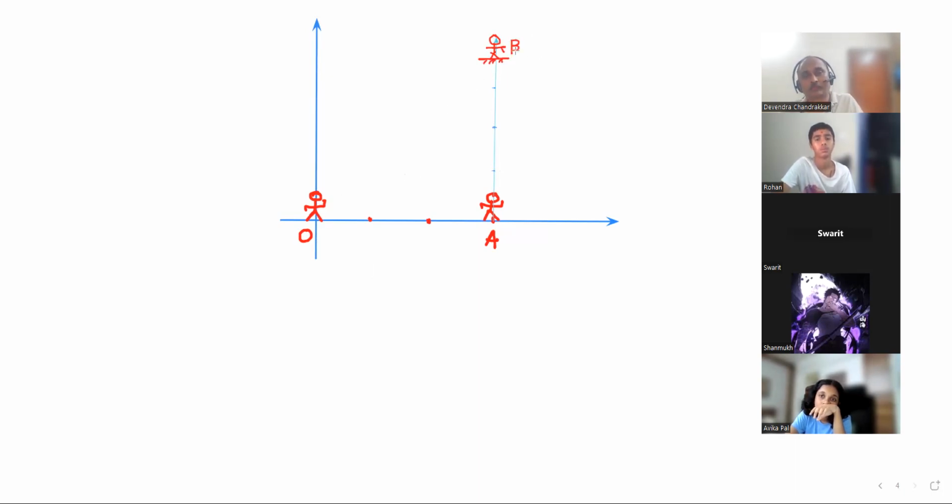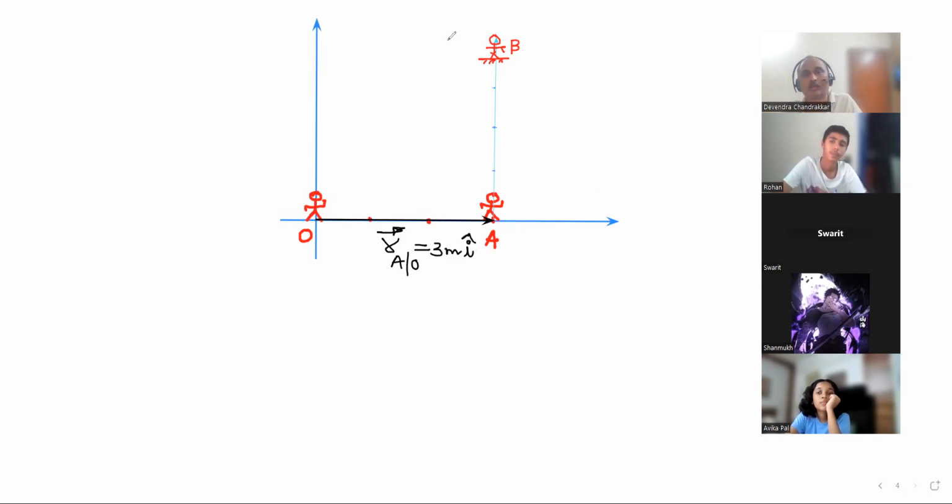Now, can you write the position vector of A with respect to O? All of you, pay attention. So this is how we can write it. Let's write it as RAO, and this is 3 I cap meters. Say yes or no. Yes, sir.